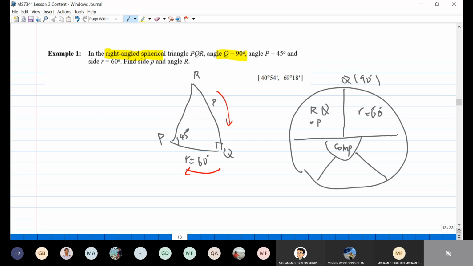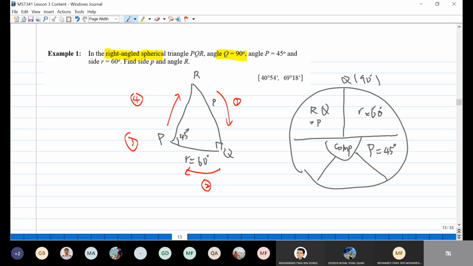Then I encounter the angle P, right? So this is the first encounter, this the second encounter, the third encounter is angle P now. So this P is angle 45, this big angle P here. Then the fourth encounter is here, PR.